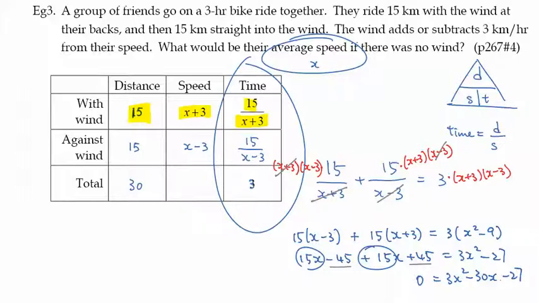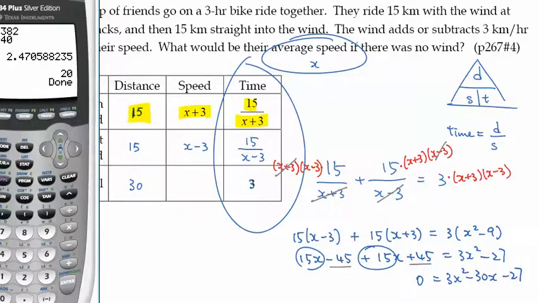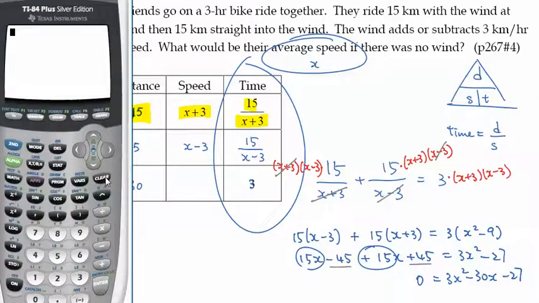And I can use my calculator to solve this quadratic. Get my quadratic program here. And I can enter the three numbers for A, for B, and for C. Not both of them will be correct.